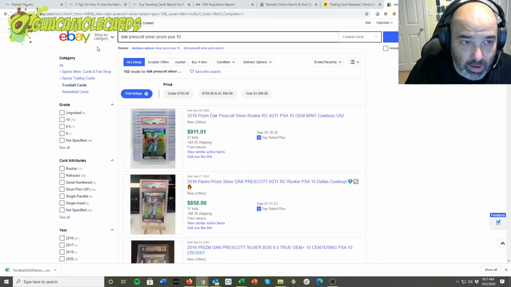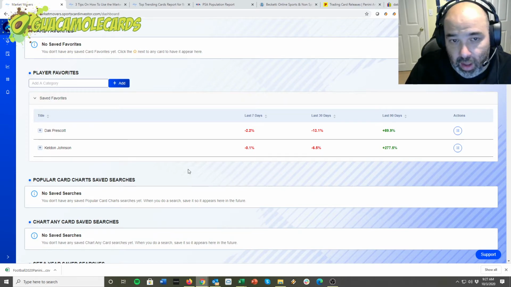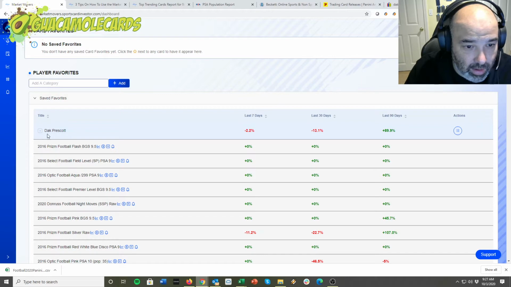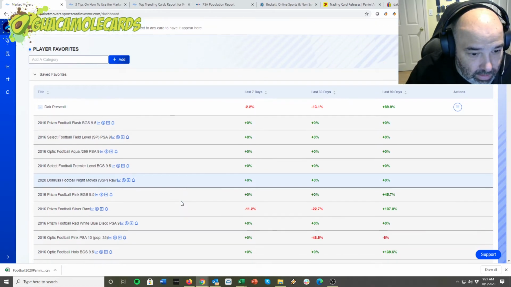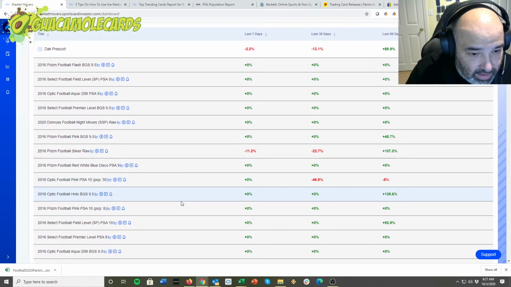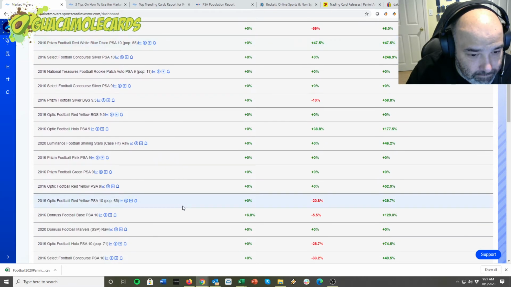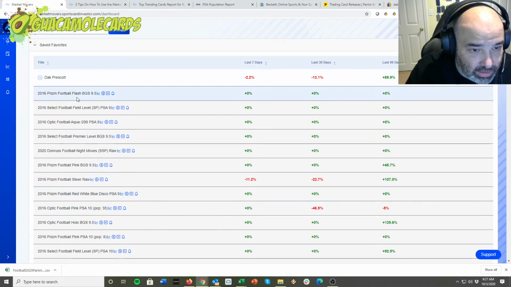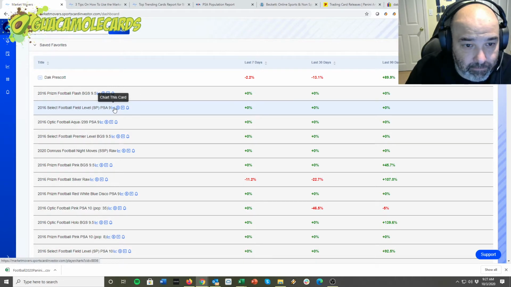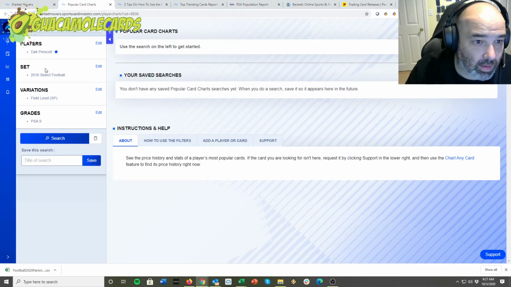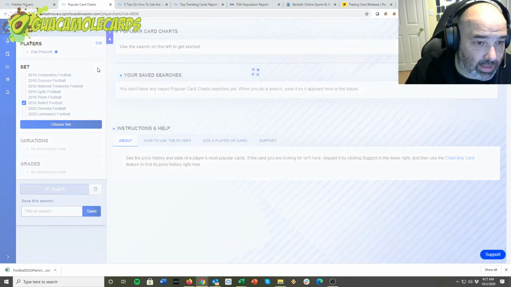There are other tools out there. I use the Sports Card Investor Market Movers tool, where I have some stuff saved. Without searching for it, let's look at a 2016 Field Level Silver PSA 9. Oh, that didn't work. All right, let's try something different.